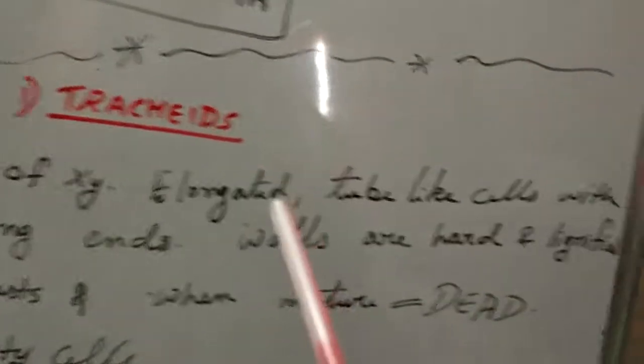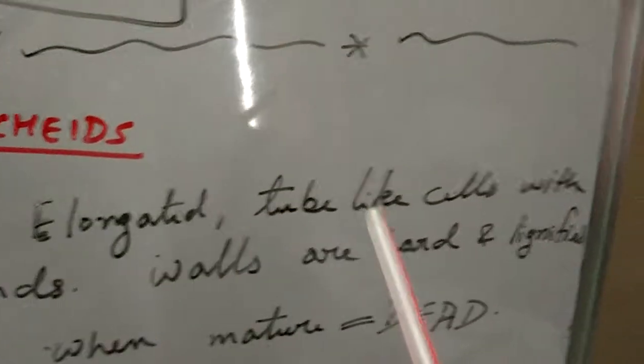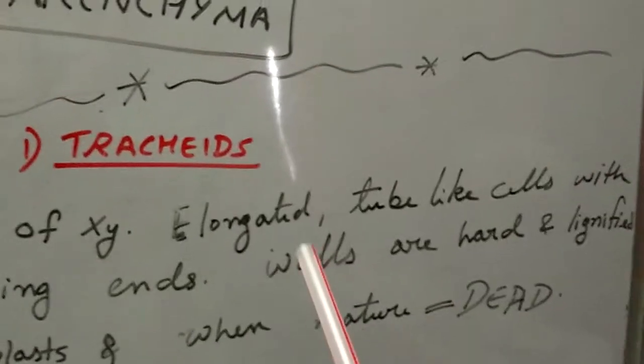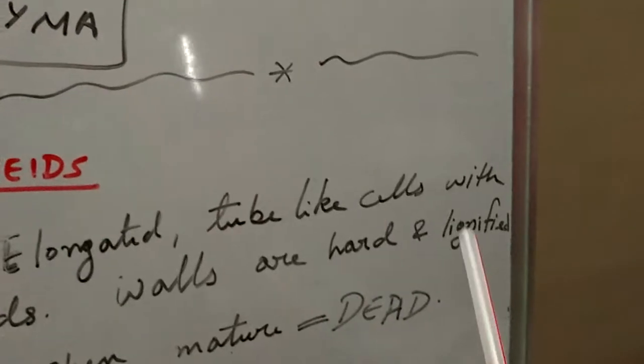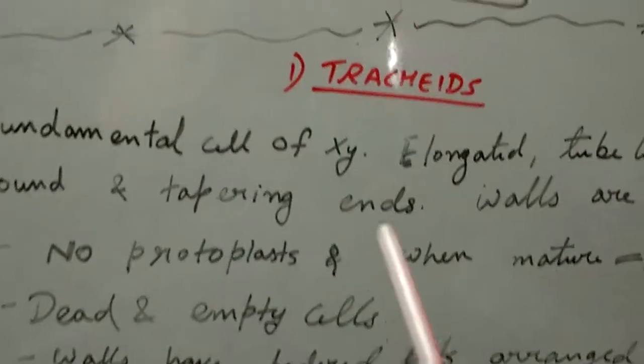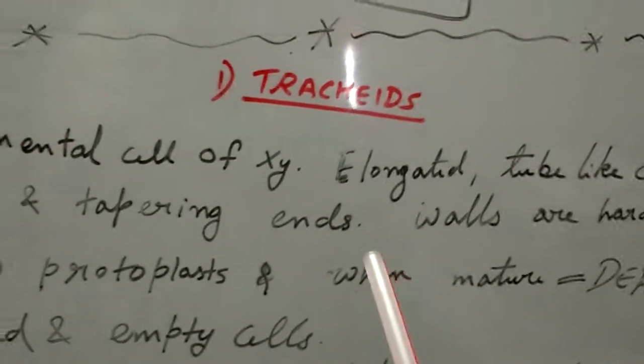Tracheids are elongated tube-like cells with round and tapering ends. So the ends are tapered and round as well.